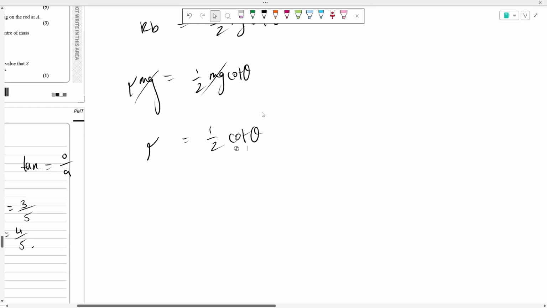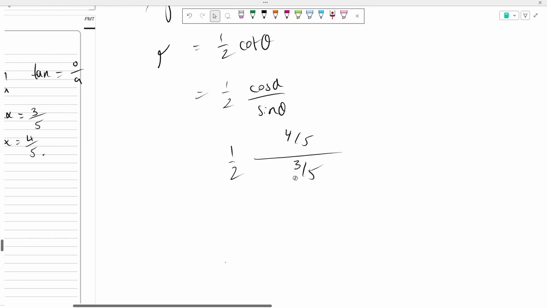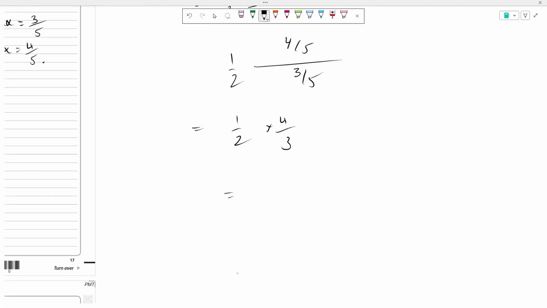Well, cot theta is the same thing as cos theta over sine theta, and we worked out the cos theta and sine theta. So that's essentially a half times 4/5 over 3/5. Let me just double check that. Yep, this is the same thing as a half times 4/3, and that's the same thing as 2/3. Mu is going to equal 2/3.